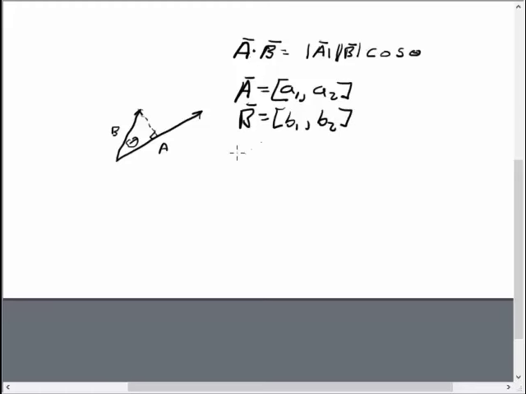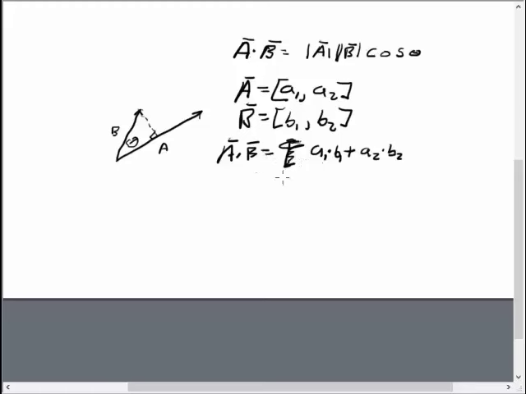And then the dot product of A dotted into B, and again we want to use those vector bars, is going to be equal to the sum of A1 times B1 plus A2 times B2. So it's a very, very simple mathematical thing. We basically take A1 times B1, A2 times B2, add them together, and I get my scalar value for my dot product.